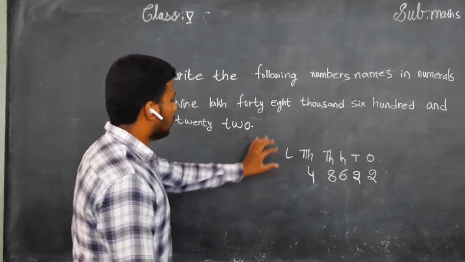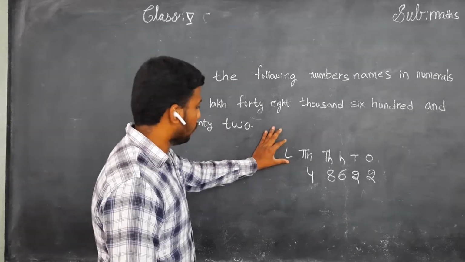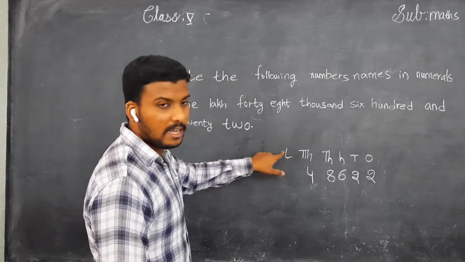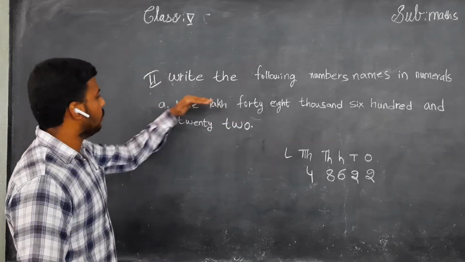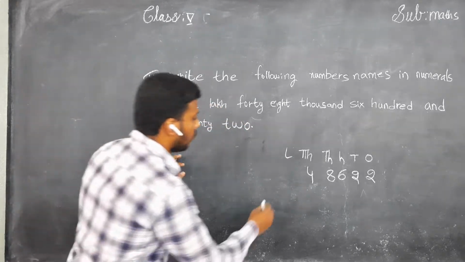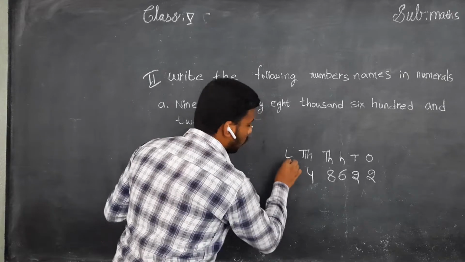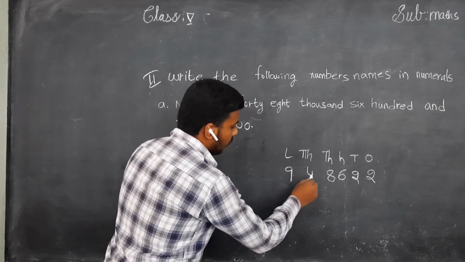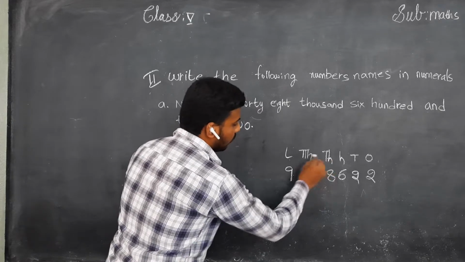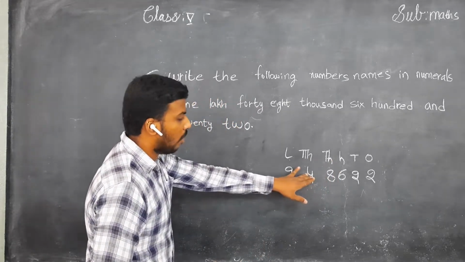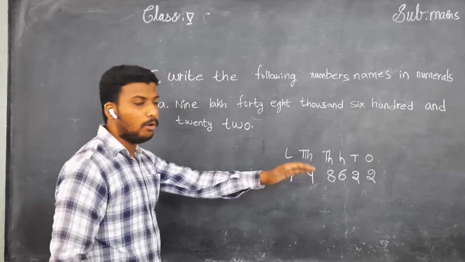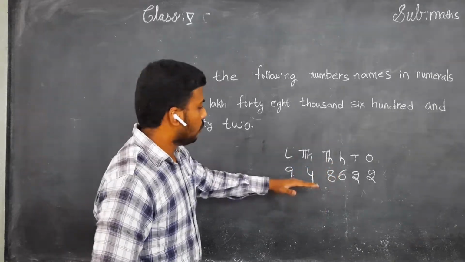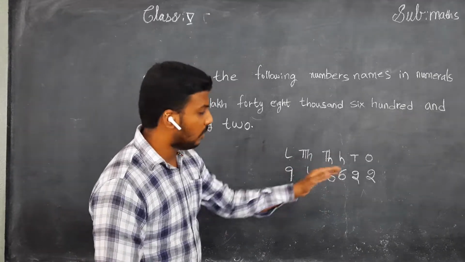Understand, children? Next, the largest place value in this question, that is lakhs. In the place of lakhs we have the value 9. 9 into 1 lakh, how much? 9 lakhs. We have to combine the 10,000s and thousands.